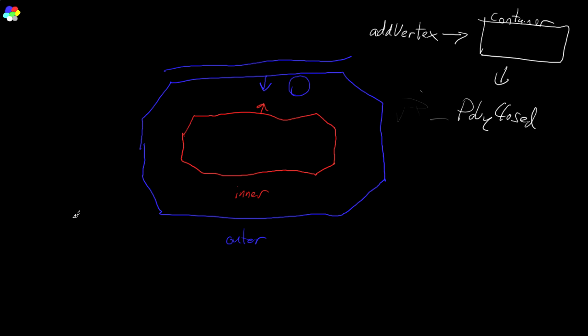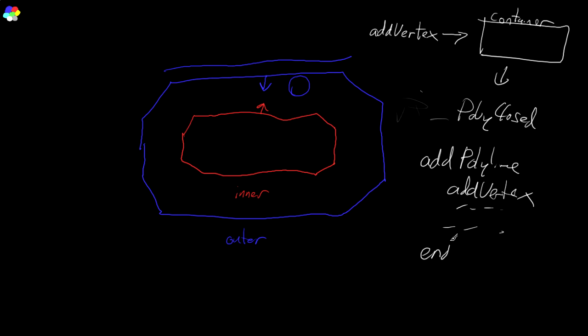So back to here, the event chain, as I understand it, is you get an add polyline, then you get a number of add vertex events, and at the end you get an end entity. And that's how it works for a polyline.